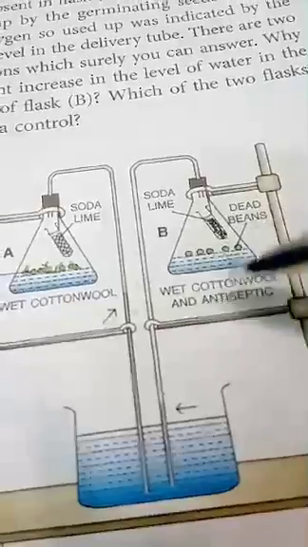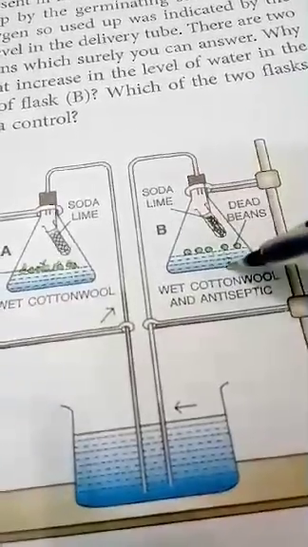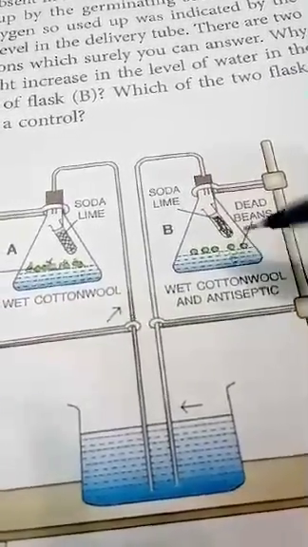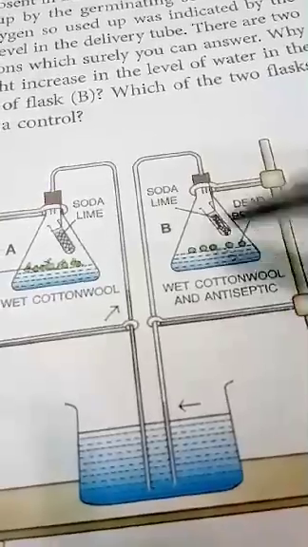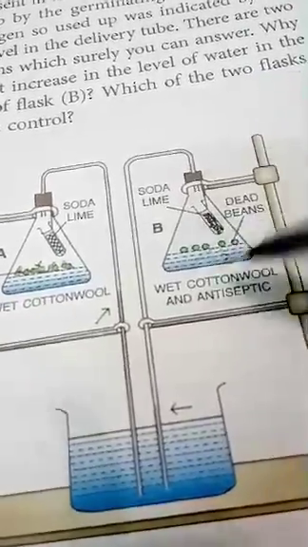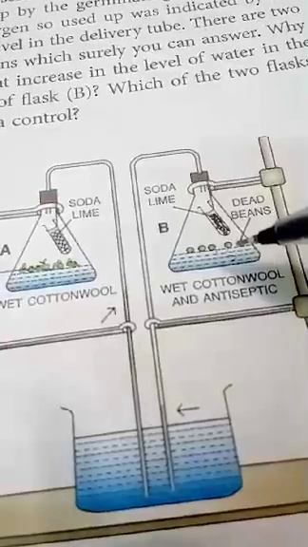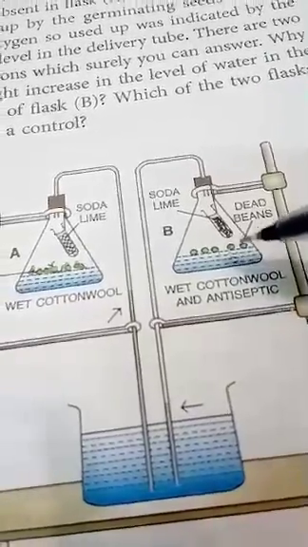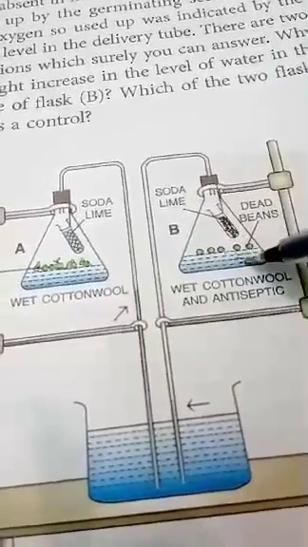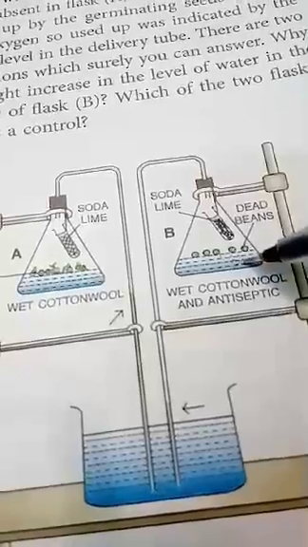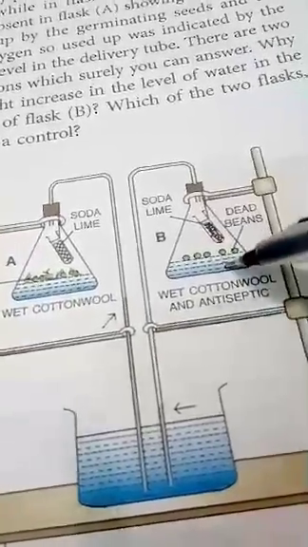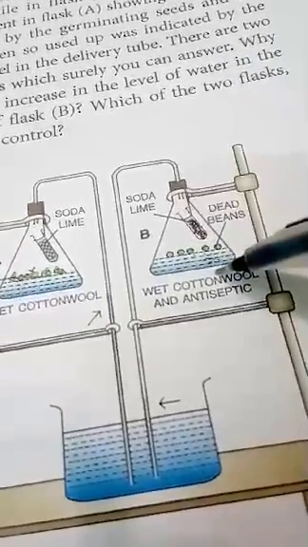So since we are studying the use of oxygen, here the dead seeds are dipped in antiseptic to avoid bacterial decay. That is a very important question. Why are the seeds dipped in antiseptic? So your answer will be to avoid bacterial decay.